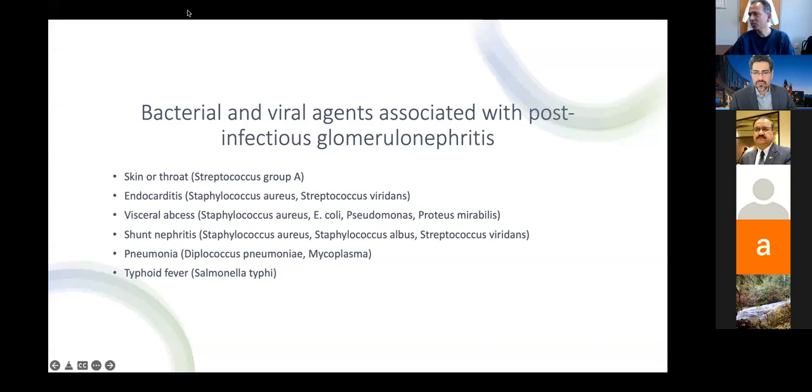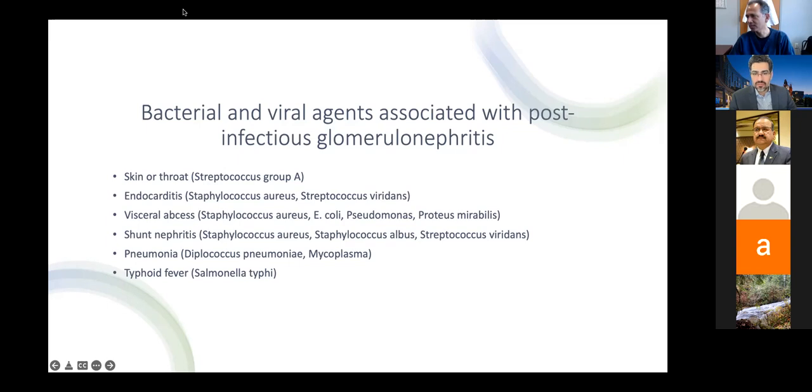There are also different mechanisms. One mechanism is that because of some enzyme produced by the streptococcus, it can modify IgG, which becomes autoreactive and causes autoimmunity.